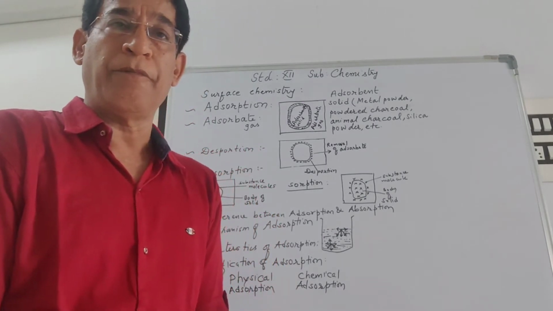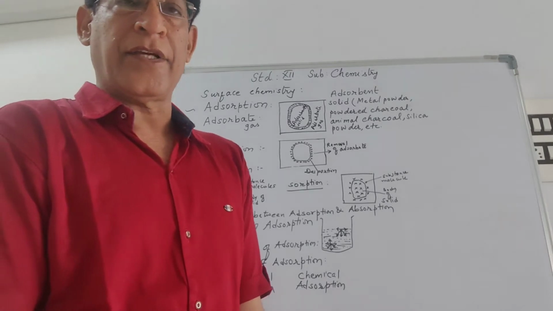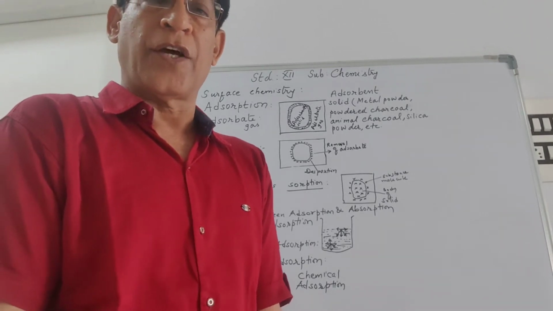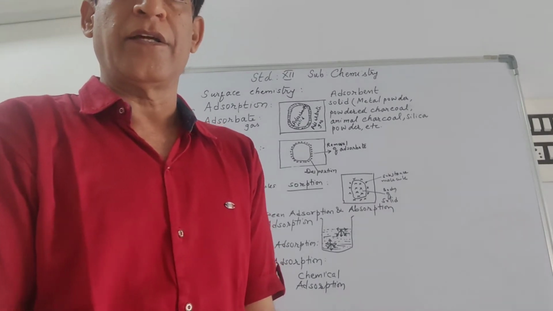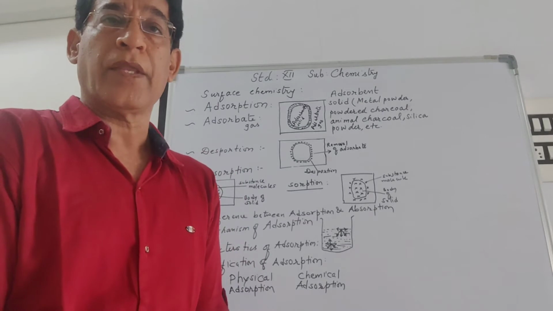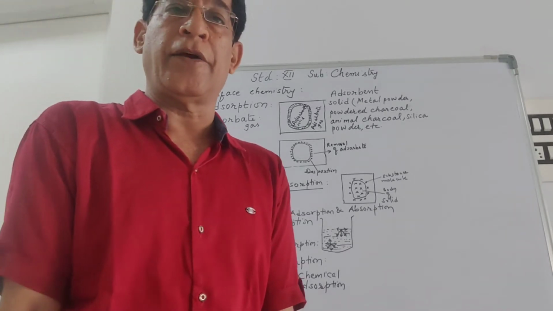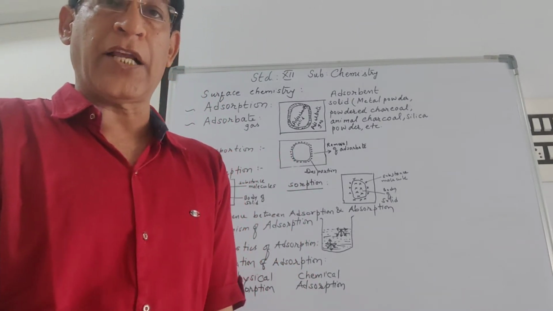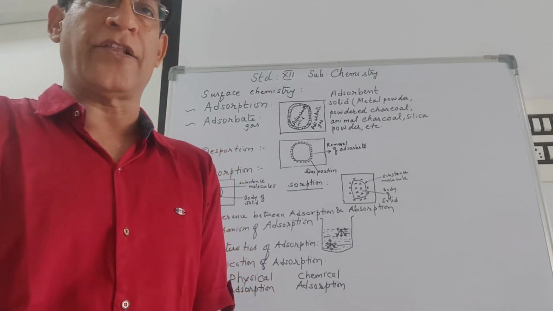For example, if a gas gets adsorbed on the surface of a solid, then the gas is termed the adsorbate, and the substance on the surface of which adsorption takes place is called adsorbent.